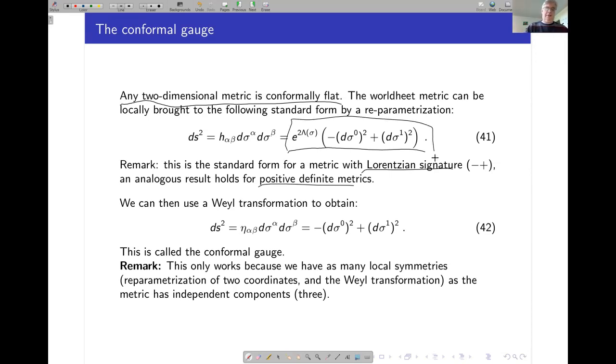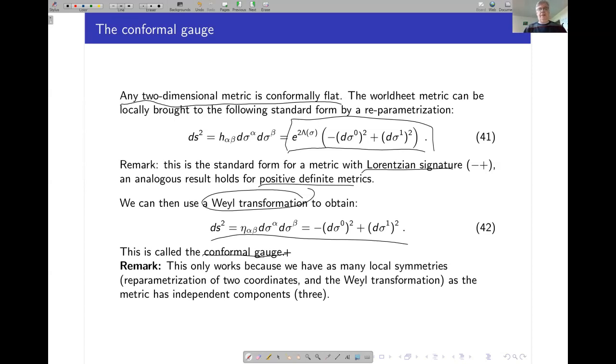But, and here we can see for the first time why the Weyl transformation is also extremely useful, since we also have Weyl transformations, we can use them to even eliminate this conformal factor and then choose our worldsheet metric to be just the flat Minkowski metric. And this is what is called the conformal gauge, and it's clearly the gauge which will make our lives as easy as can be.